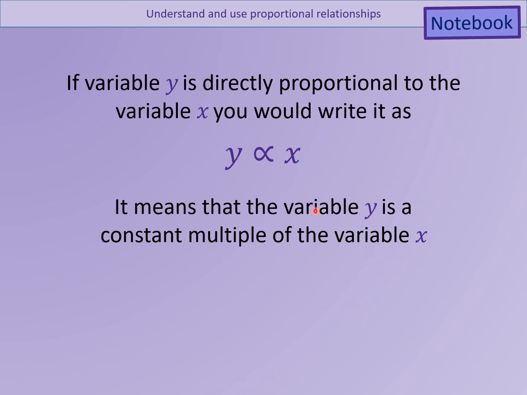We can rewrite it using an equal sign and a k value as that constant. So y is proportional to x and it is k multiples of x. So I don't need to worry about proportionality symbols. I do need to worry about making a proportionality equal k. That's the key part.